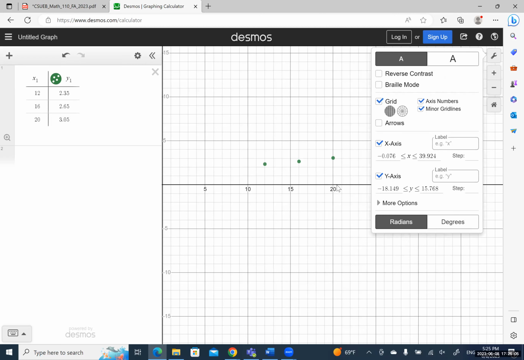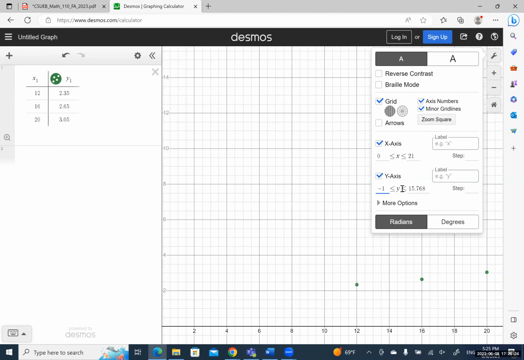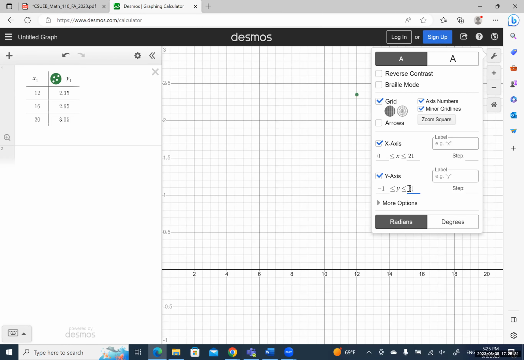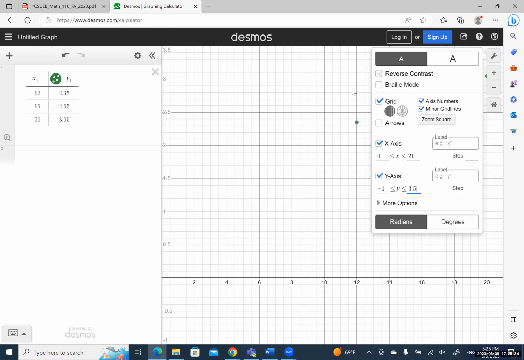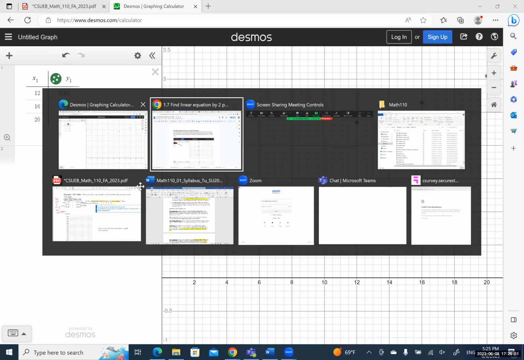I just need it from 0 up to 21 for the x-axis, and for the y-axis, from maybe -1 to 3.5.